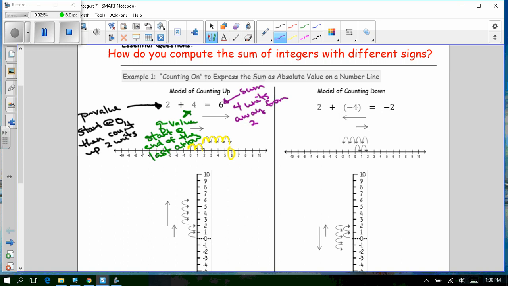Well, let's look at counting down then, where we have signs that are different. So again, 2 is our p-value. It tells me to start at the 0. So you can either say based off of the straight one, or you could do it based off of the little bunny hops that are going on down here. They started at 0.